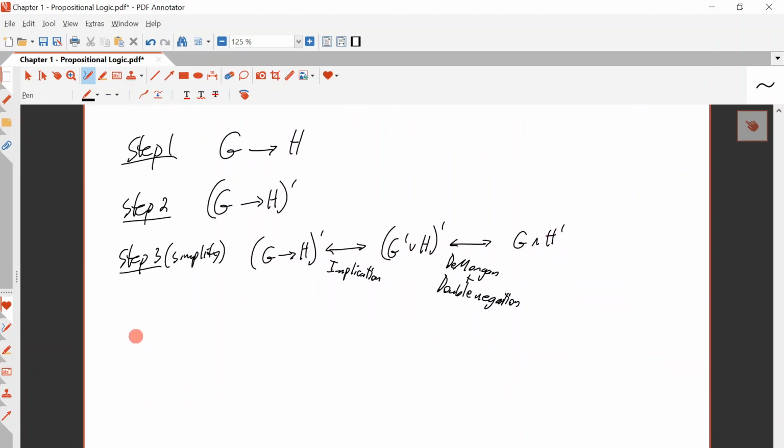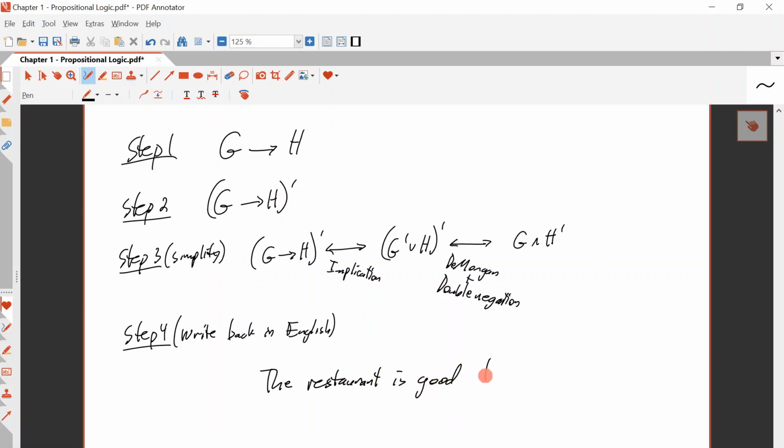And then rewrite back in English. Right, the restaurant is good. But the prices are reasonable. Prices are not not high.